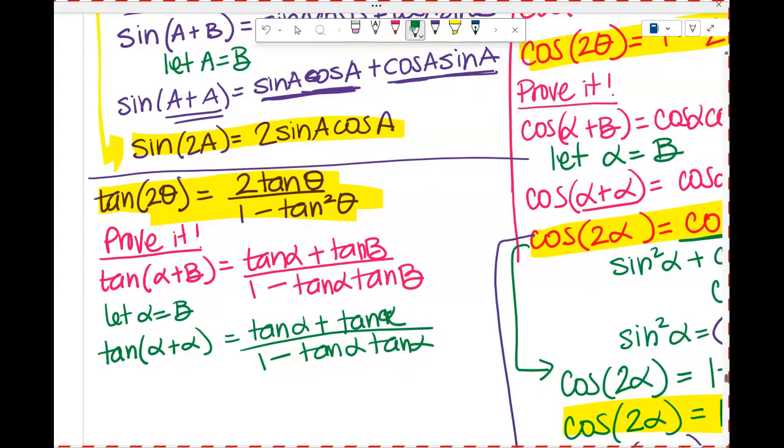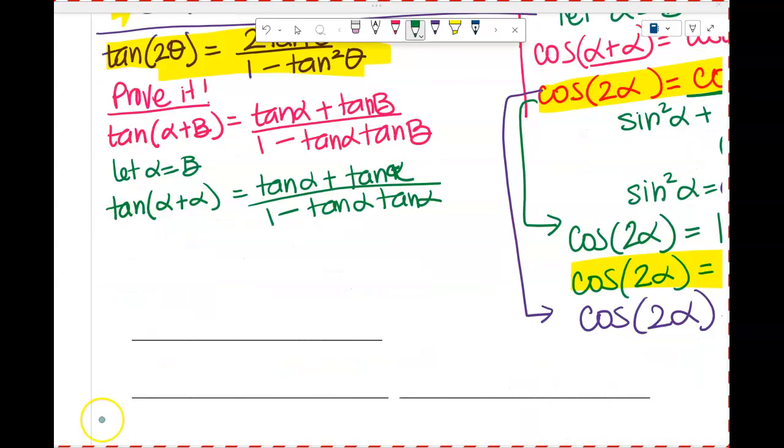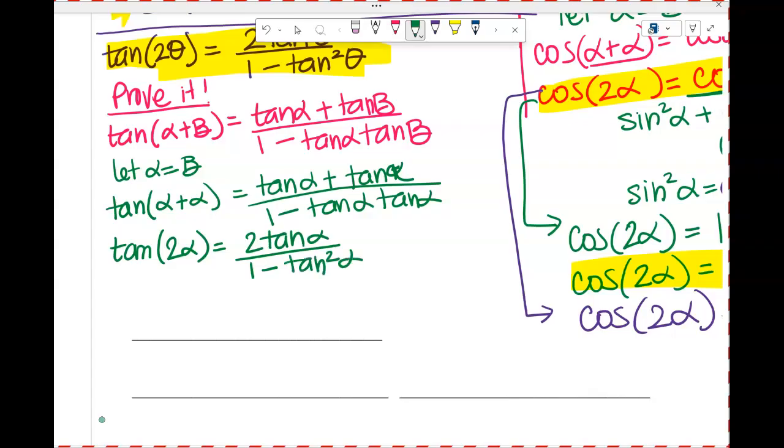All right, let me move up really quickly. Okay, so as you can see here, tangent of alpha plus alpha, that's 2 alpha. Remember, variable doesn't really matter. You can use alpha, you can use theta, you can use A, you can use B. Now, tangent of 1 alpha plus tangent of another alpha is 2 of that. And then divided by tangent of alpha times tangent alpha, which is tangent square of alpha. So that's where that comes from.